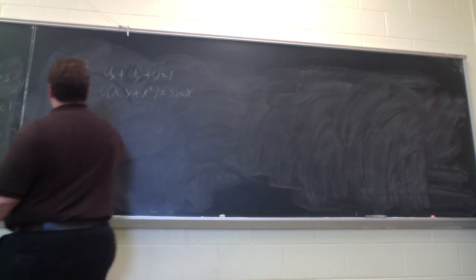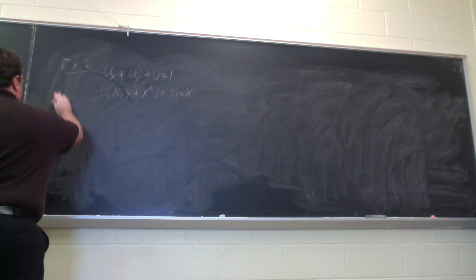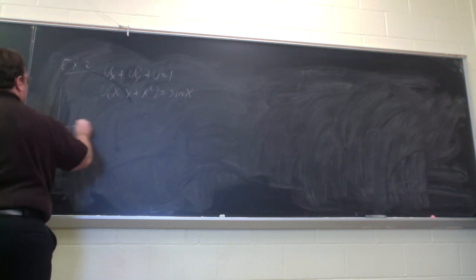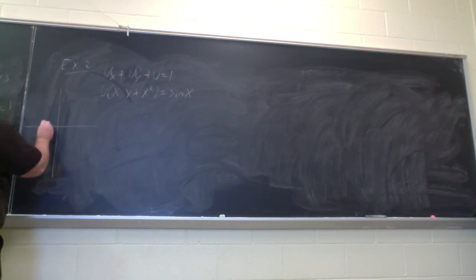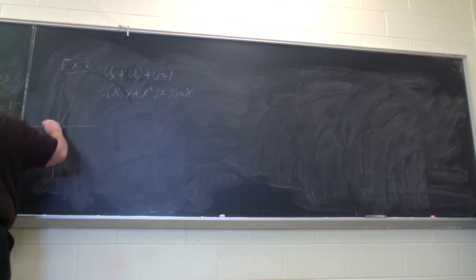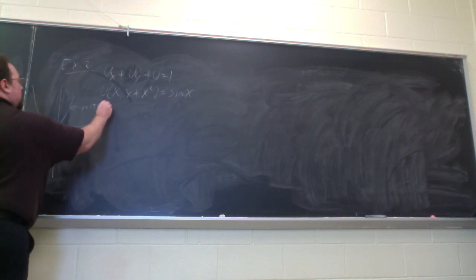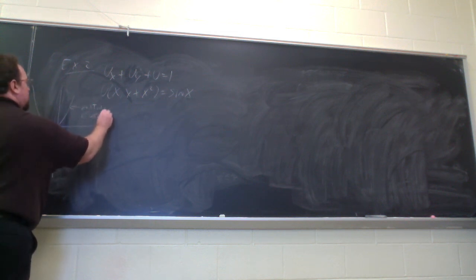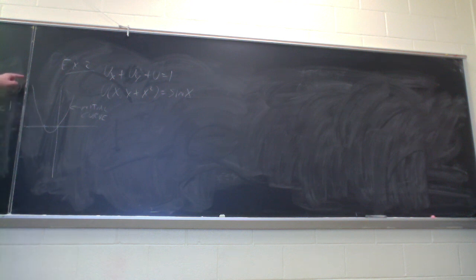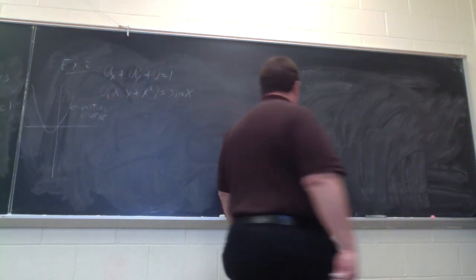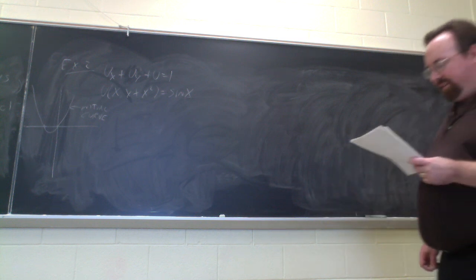Now the initial curve is a parabola, and along this initial curve, the solution is equal to sine x, so it just takes the x value. So we get some rather odd behavior here.